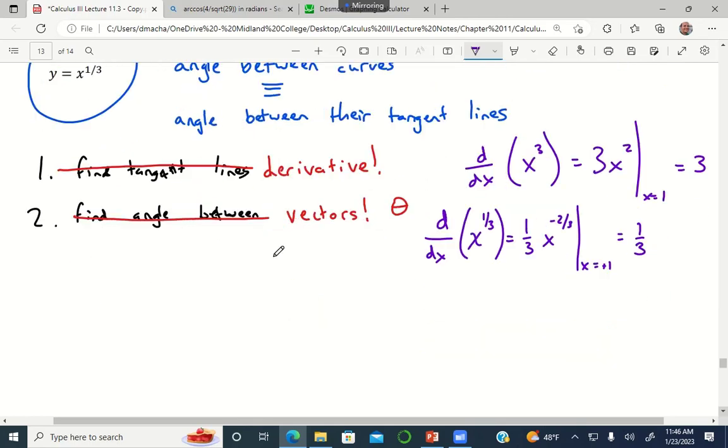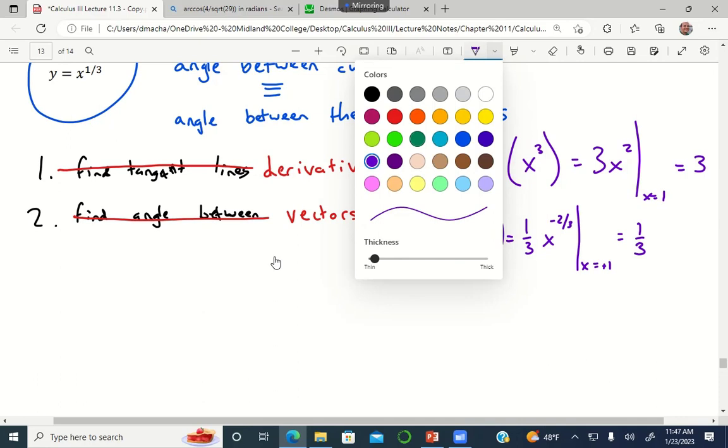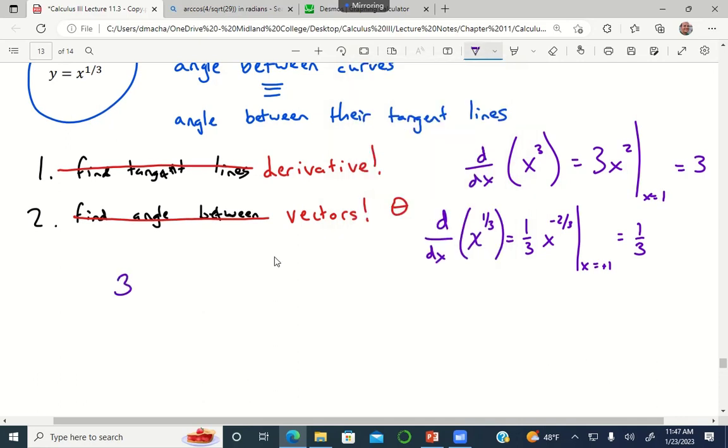So now the slope of my first curve is 3, and the slope of my second curve is going to be 1/3.